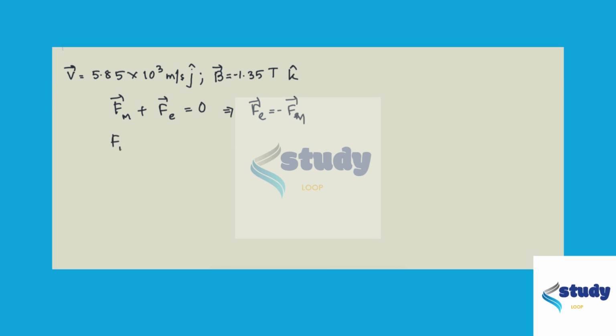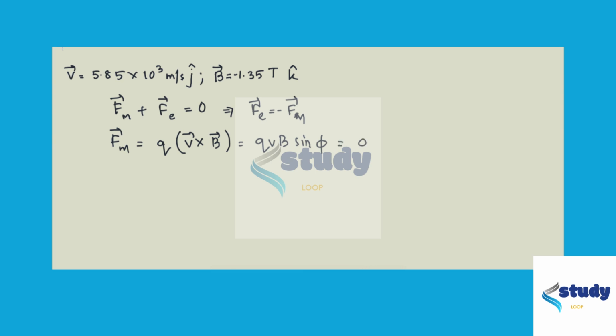Now Fm is equal to Q times the cross product of V cross B. So this is equal to QVB times sine phi, as B points in the z direction and velocity points in the y direction. So they are perpendicular and sine theta becomes 1.